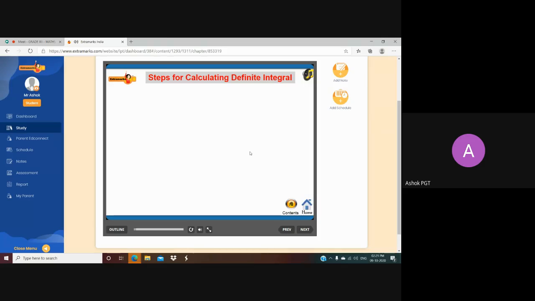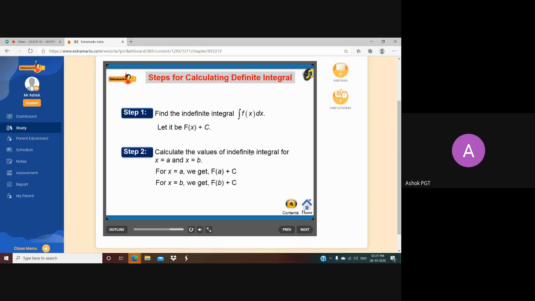Steps for calculating integral of f of x over closed interval a, b. Step 1. Find the indefinite integral of f of x. Let it be F of x plus c. Step 2. Calculate the values of the indefinite integral for x is equal to a and x is equal to b. For x is equal to a, we get F of a plus c.